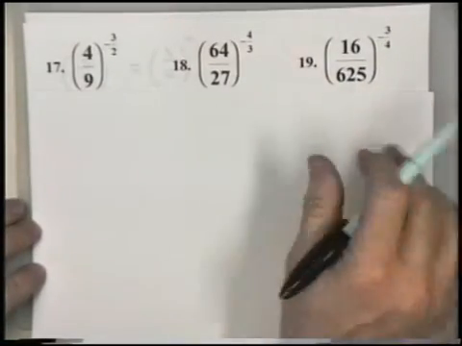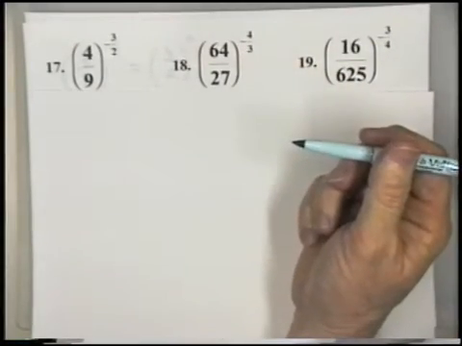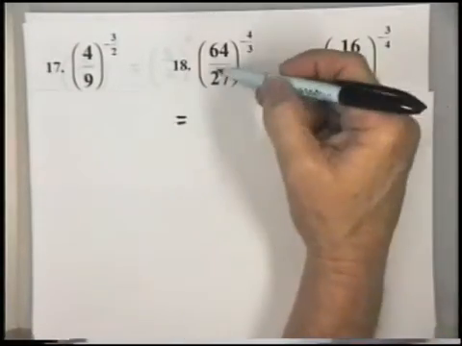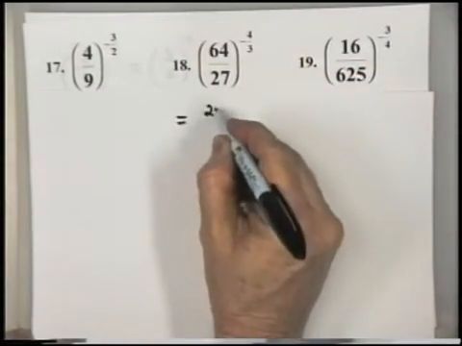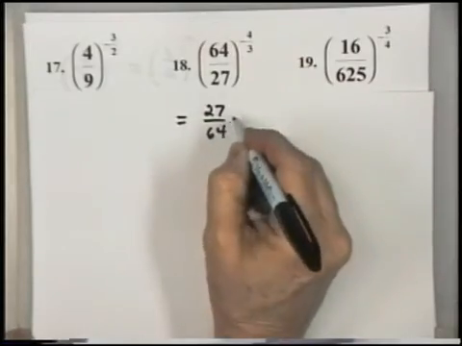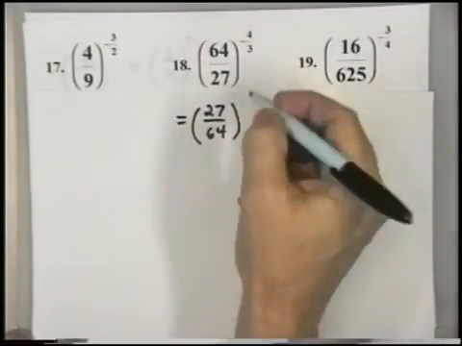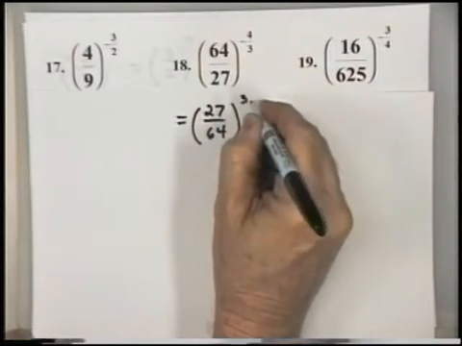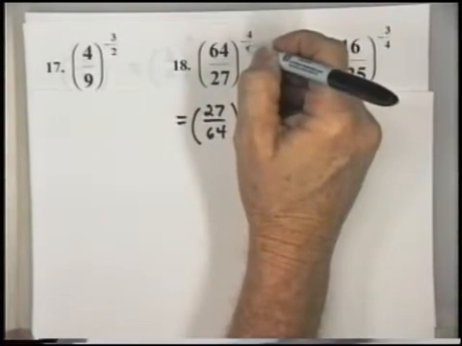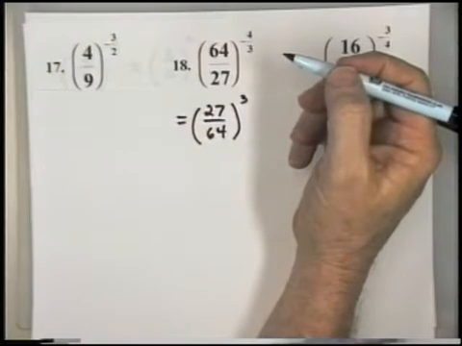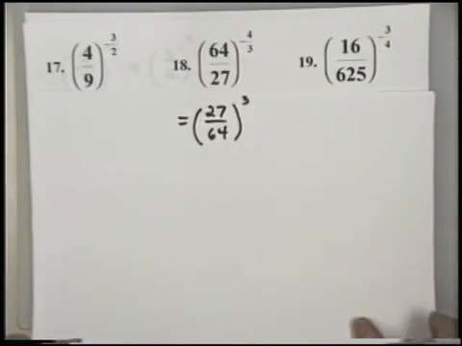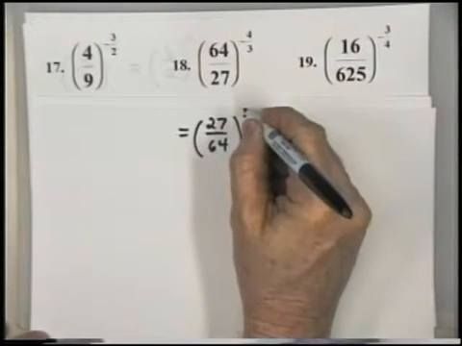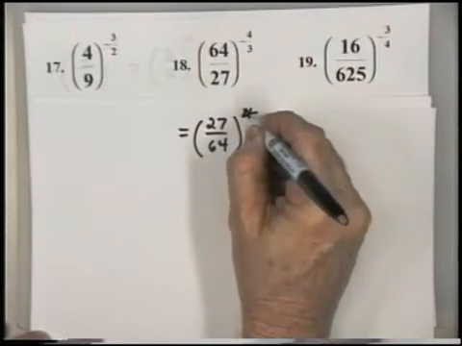Number 18, there we have 64/27 raised to the negative 4/3. Whole lot easier way to do it. Take the reciprocal of the base raised to the negative of the exponent.